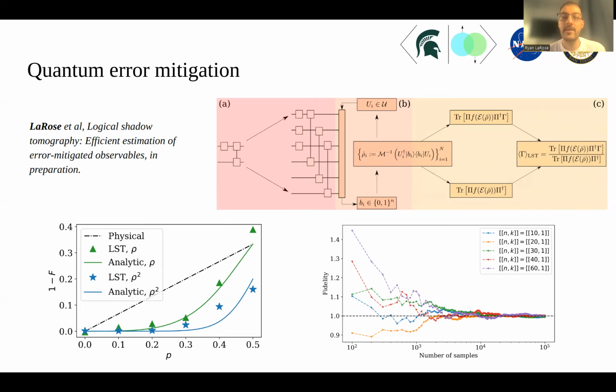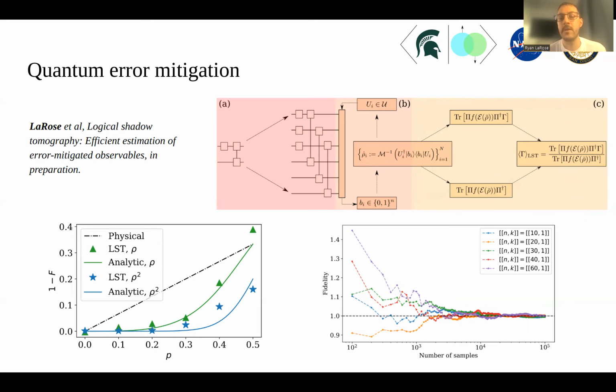And here the idea is you perform shadow tomography, which is a sort of sample efficient technique for doing tomography, and consists of measuring in random bases, which are the U's here in this middle panel. And you do that on an encoded or logical state. So it's like a sort of baby step towards error correction. You do the encoding part, but not the full syndrome measurement and correction.